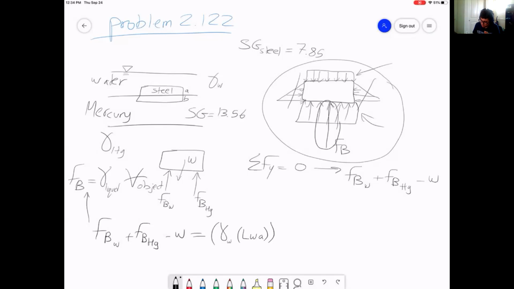What about mercury? It should be gamma HG L W B. L W B, exactly. Do you see the difference? Why did we use B for this one and A for that one?